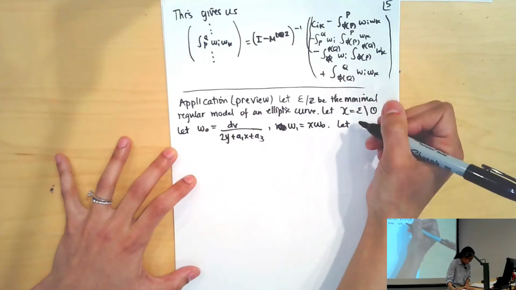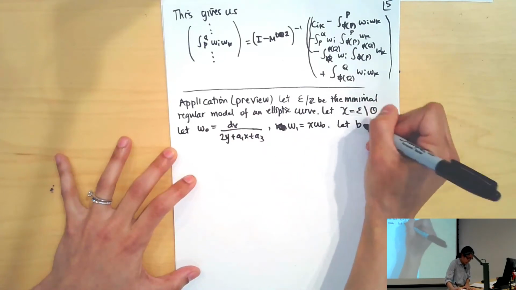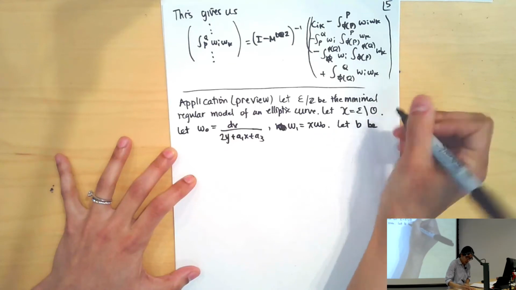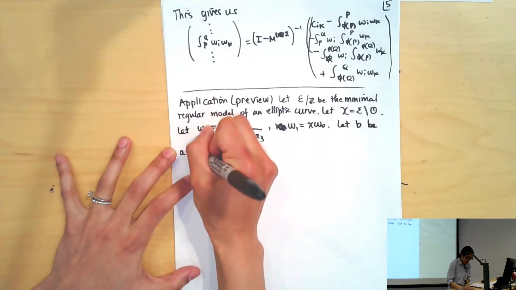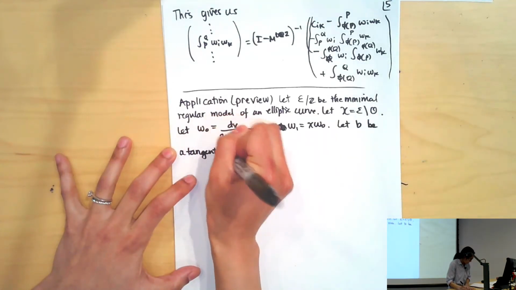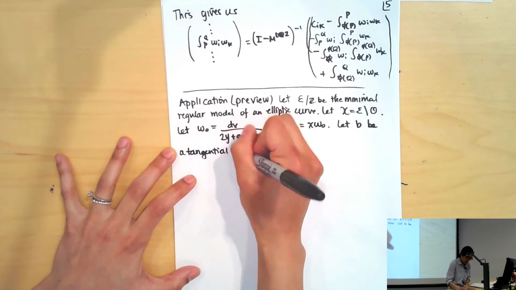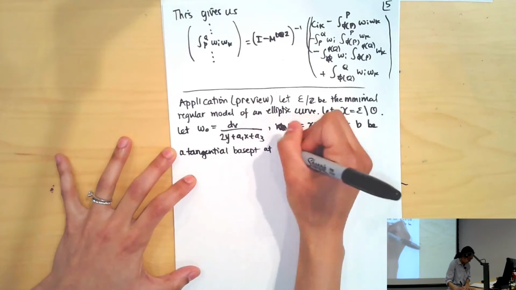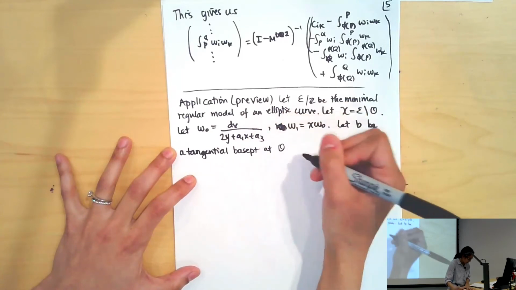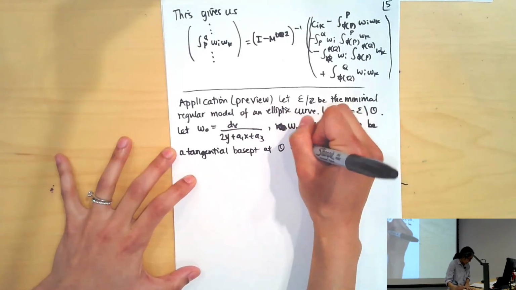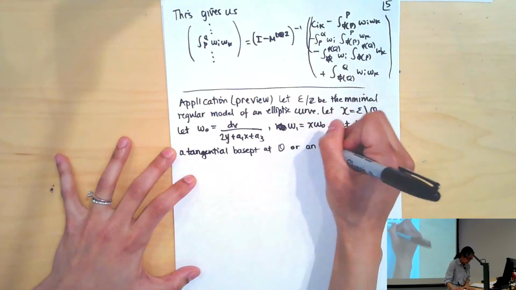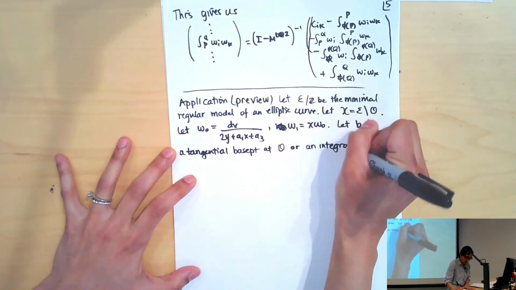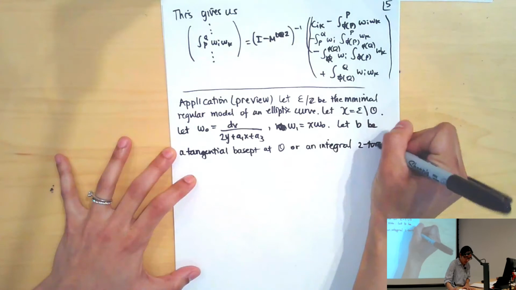We'll need to introduce a base point, possibly tangential. There's a little bit more about this in the notes, and I imagine this will also come up in some of the other lectures. So a tangential base point at the point at infinity, or you can just think of, if you have one, an integral torsion point.